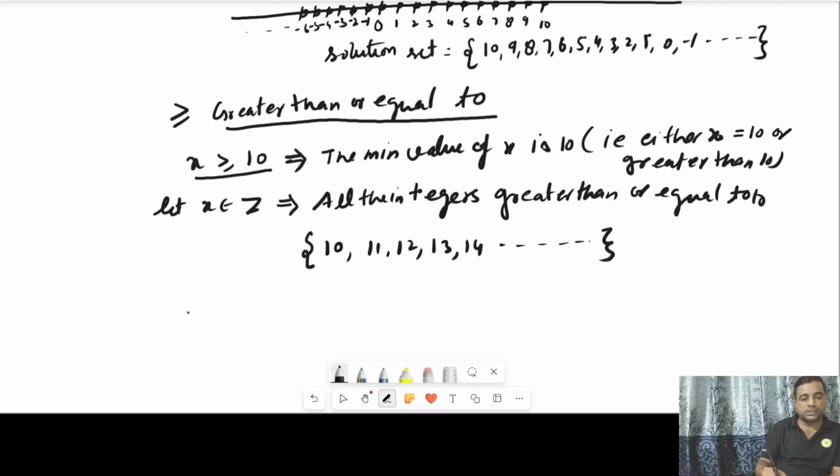So this is the solution set if x belongs to Z: 10, 11, 12, 13, 14, and so on.